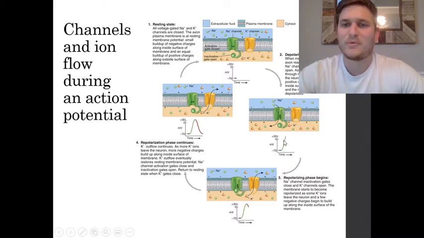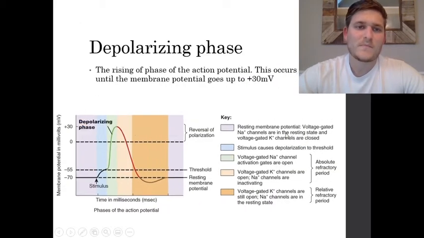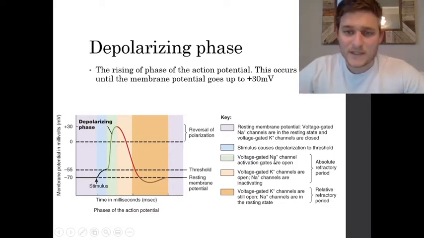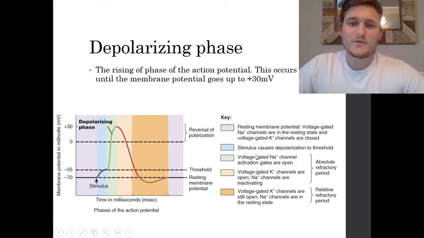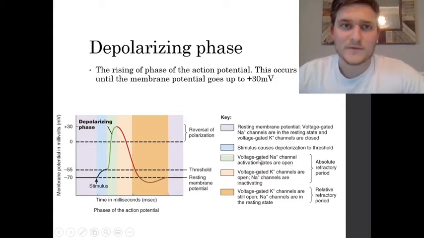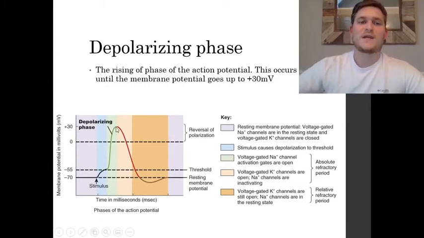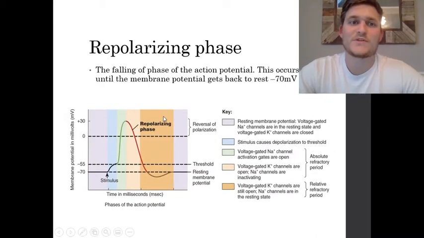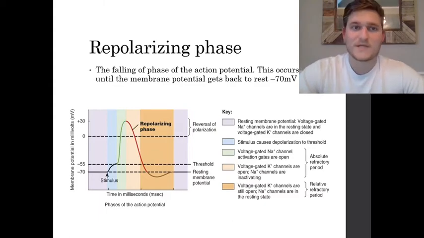So we're depolarizing here. And so once we depolarize and get to that positive 30, these voltage-gated sodium channels are then going to close. And then voltage-gated potassium channels are going to open, and that's going to start our repolarization phase.